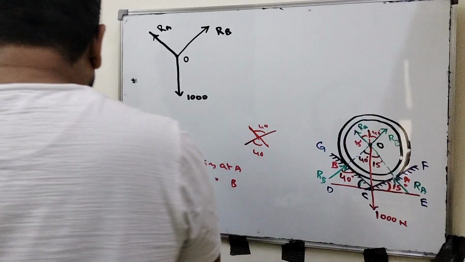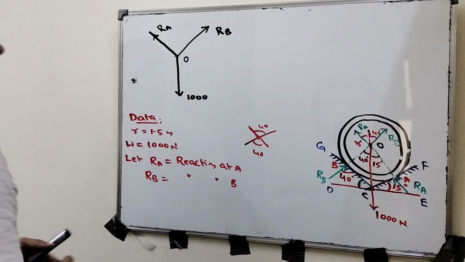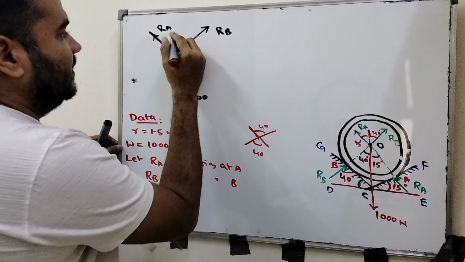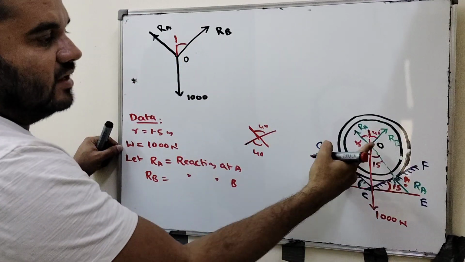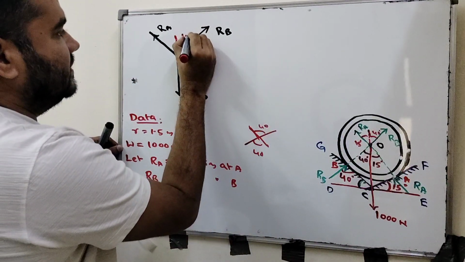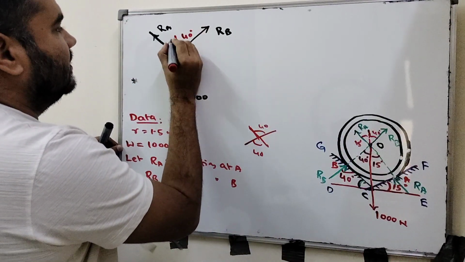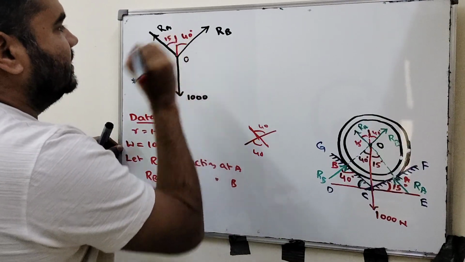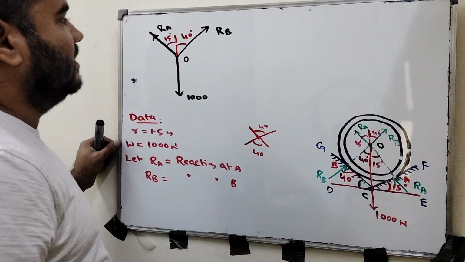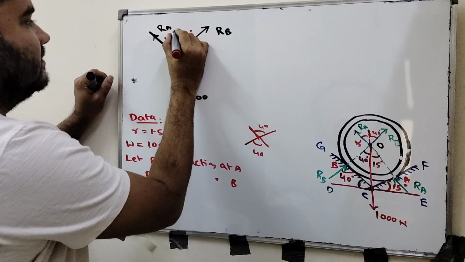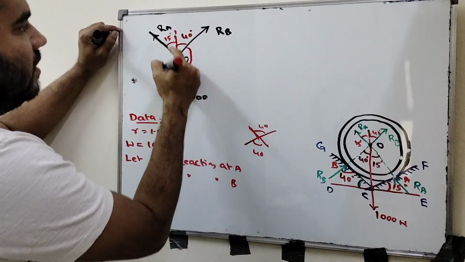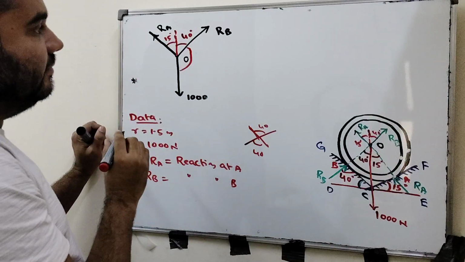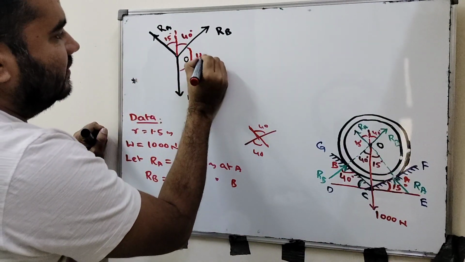Okay. Now here also you have to apply the angles. This angle is 40 degree, this is 40 degree and this is 15 degree, this is 15 degree. Now if this is 40 degree, how about this one here? 180 minus 40 is how much? 140, right?